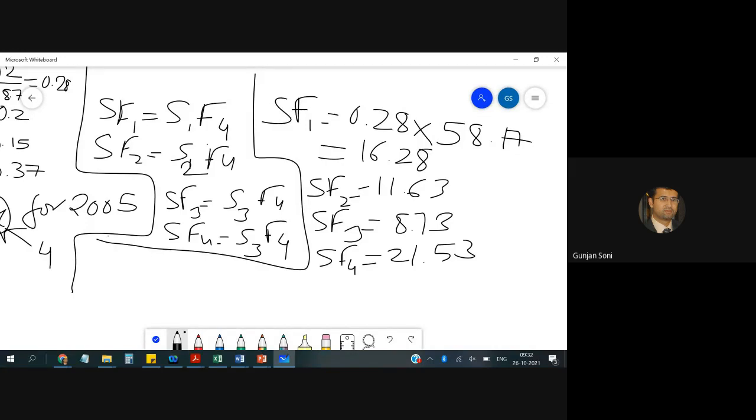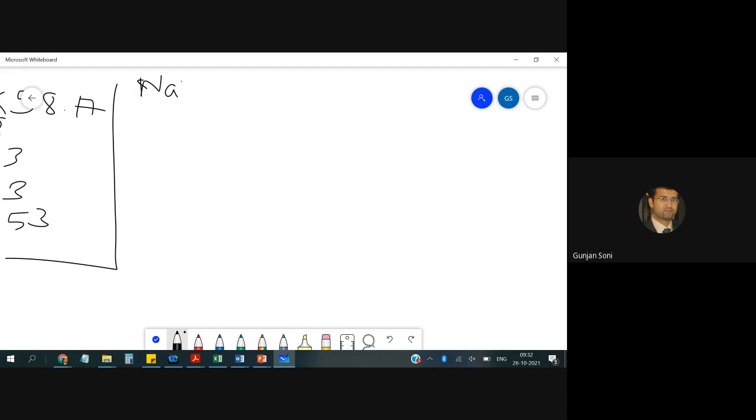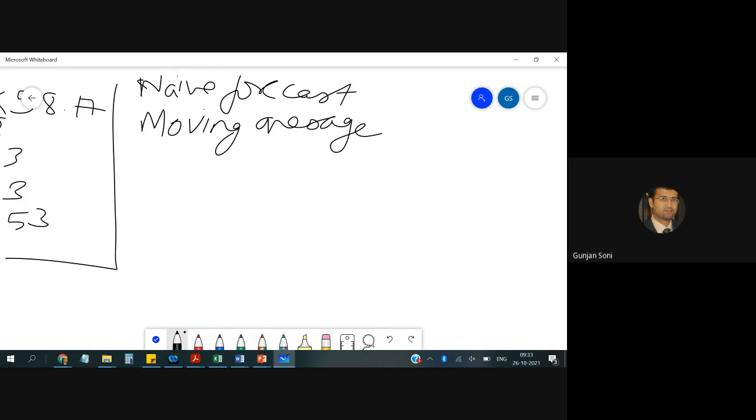So in the forecasting chapter, what we have learned is we have done naive forecast. We have talked about moving average. We have talked about weighted moving average, WMA.